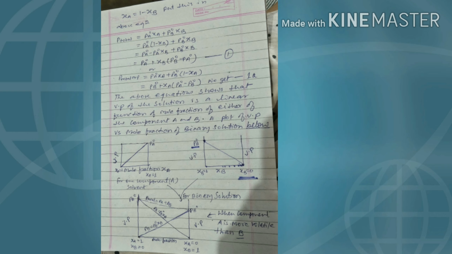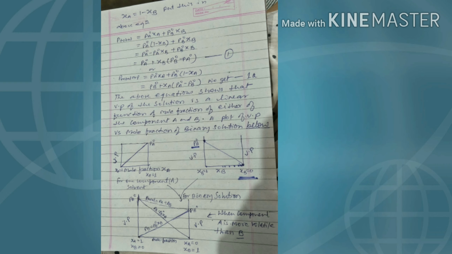On plotting the graph, as shown in the diagram below, vapor pressure versus mole fraction of the binary solution. In the graph below, individual components are taken, for example component A and component B. On combining these two graphs, we get another graph, given below, in which the vapor pressure on both sides: XA is equal to 1 and XB is equal to 0, then it moves towards XA equal to 0 and XB equal to 1.